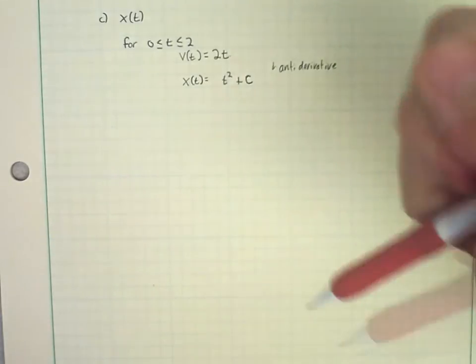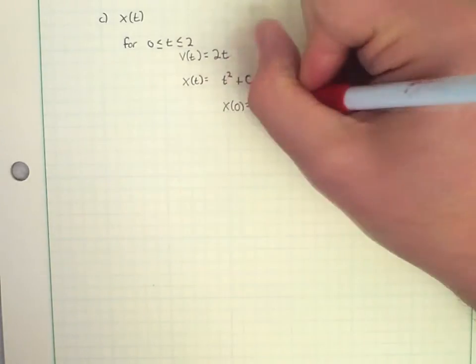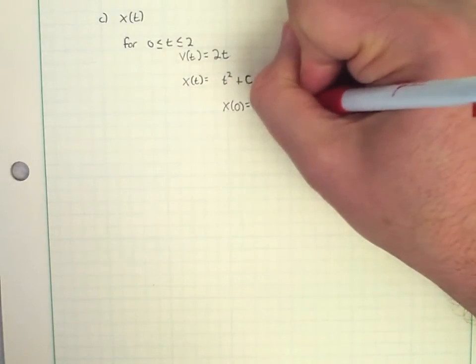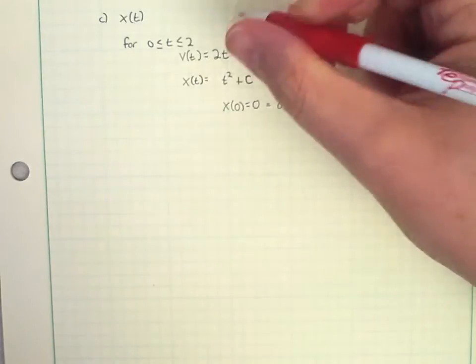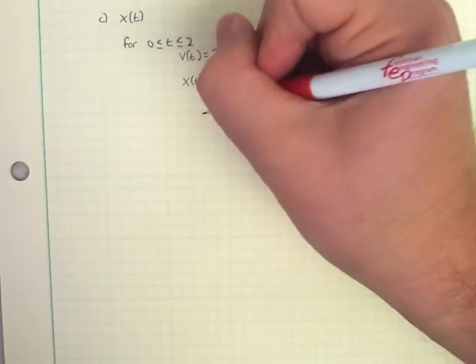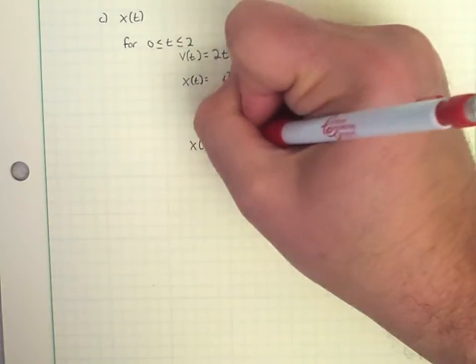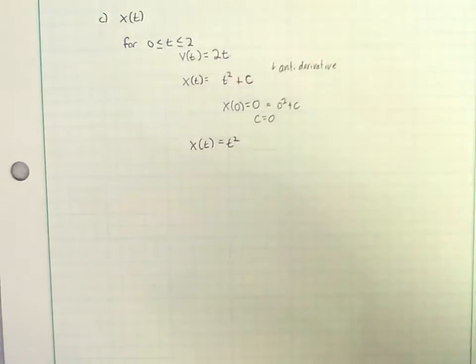Well, again, we know that x of 0 has to equal 0. So 0 squared plus c has to equal 0, so c equals 0. So it turns out for the first part, x of t is just equal to t squared.